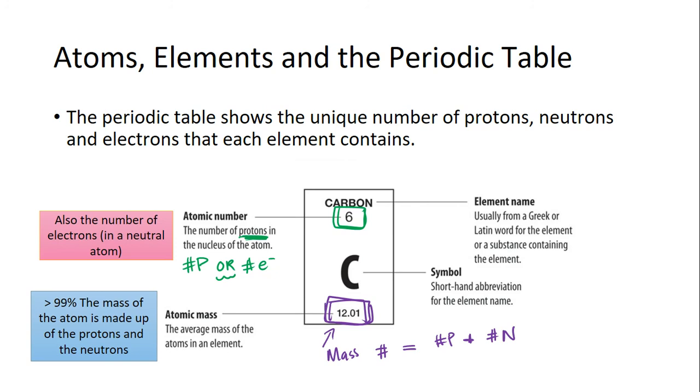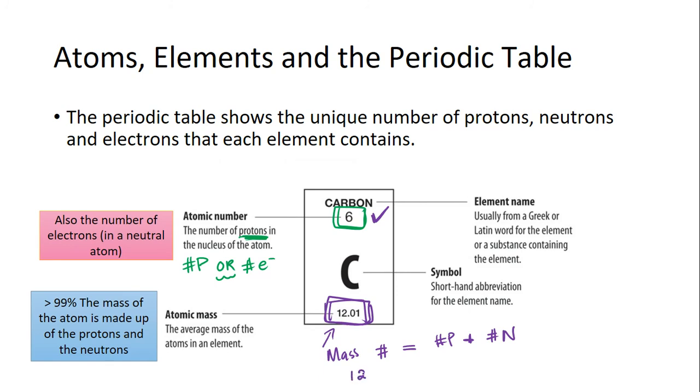So if we know the number of protons, because the atomic number is the number of protons, and we have the mass number, which is the sum of protons and neutrons, that means you can figure out the number of neutrons in the nucleus of an atom, right? So look at the mass number here, it's 12.01.